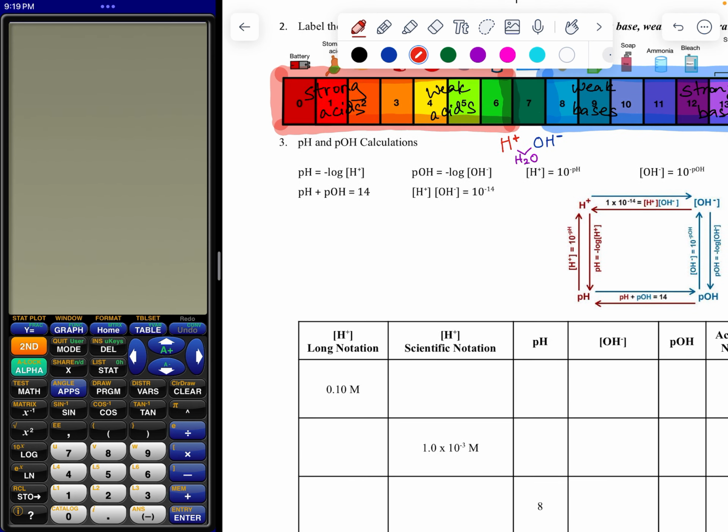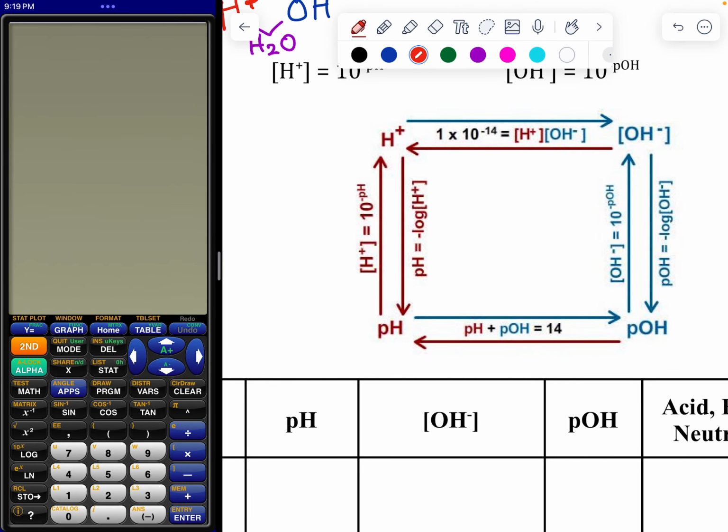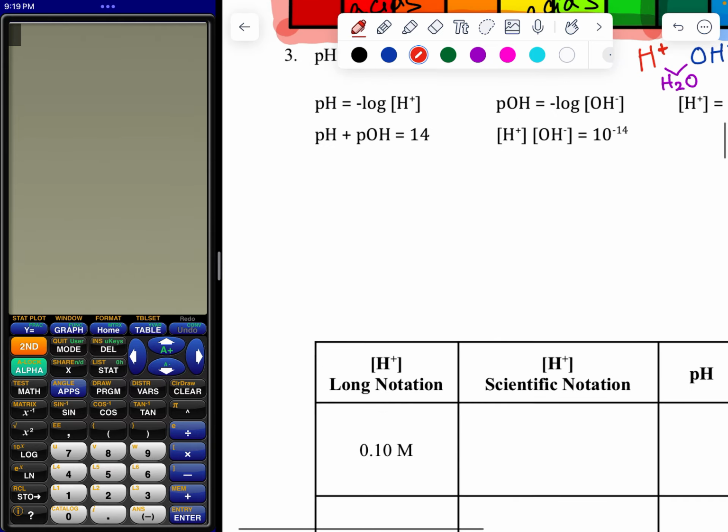But you see that this nice little square kind of helps you connect everything, right? You see the direction that the arrows kind of touch each other show you what information you can get based on what you have, which is really nice. And I like putting the brackets around the ions just because of what those brackets represent.